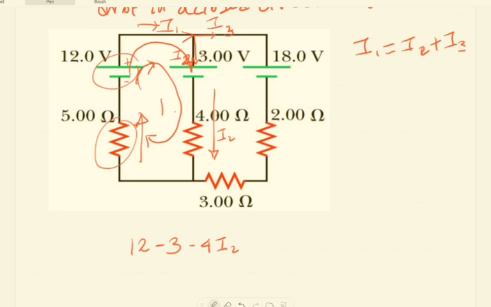So the loop also is clockwise, so the loop and the current in a given resistor are in the same direction, therefore the potential drop is minus: minus 5 ohm times the current I1, since this is the current I1. So this is of course our second equation. Primarily from the junction law we have found the first equation.